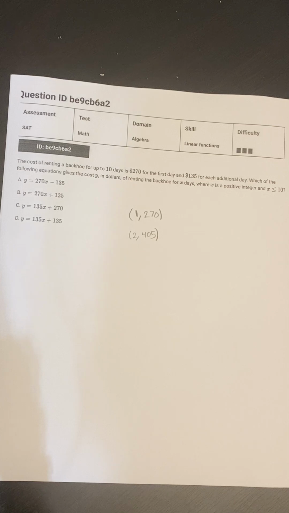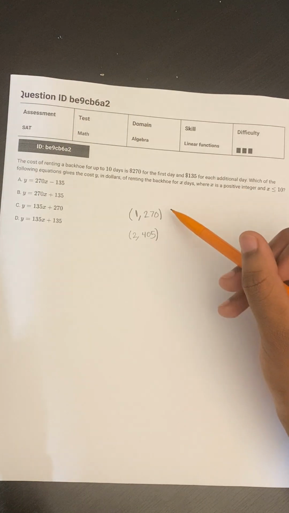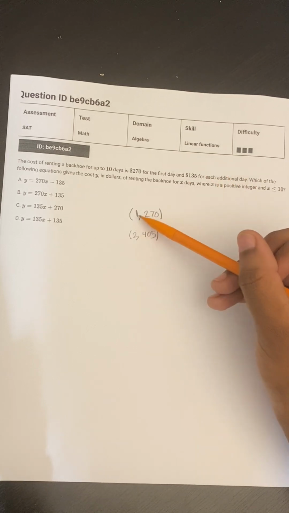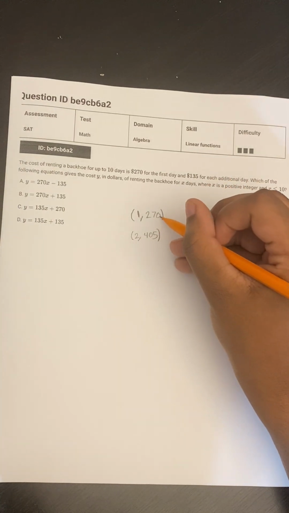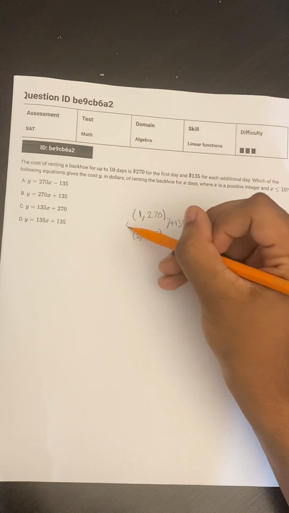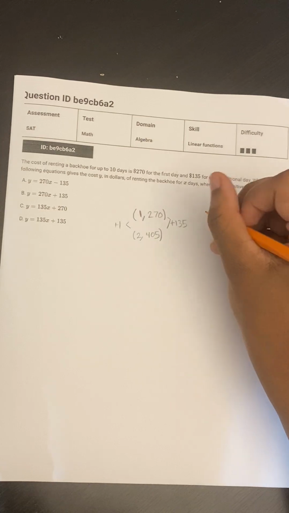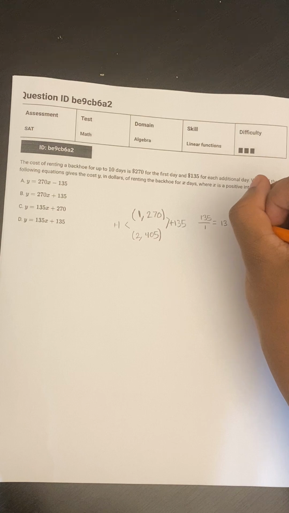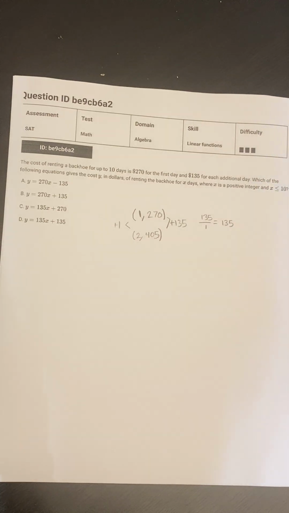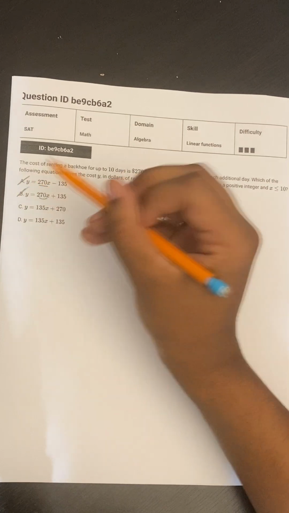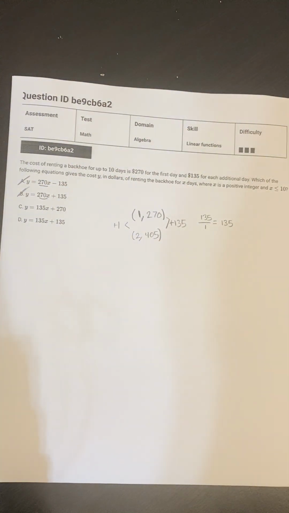Now, to find the slope, we can figure out the difference between these 2 points in y and divide it by the difference in x. So 405 minus 270 is equal to 135, and 2 minus 1 is equal to 1. Now we divide them: 135 divided by 1 is just equal to 135. So that's our slope. Looking at the answer choices, we can instantly eliminate A and B because the slope is 135 and not 270.